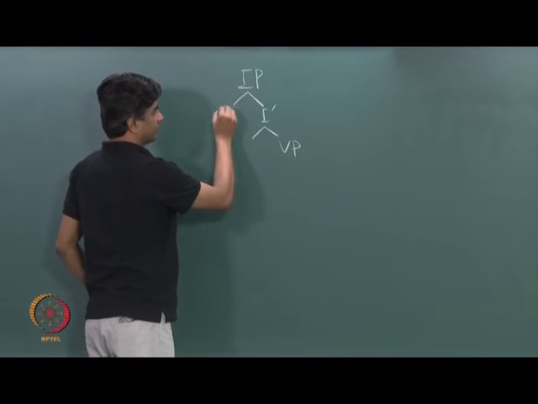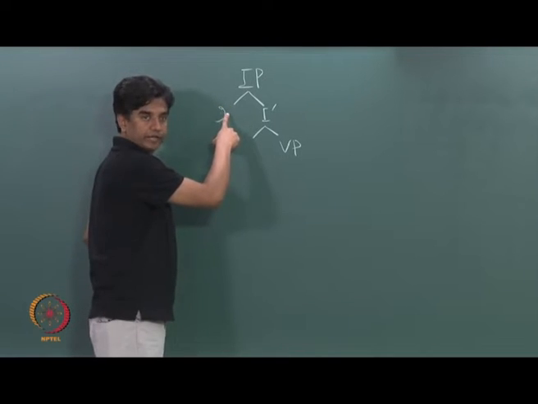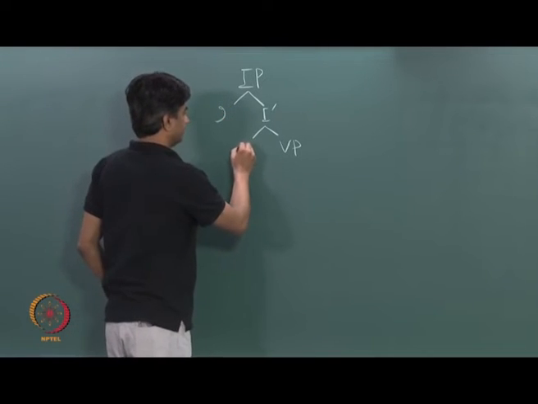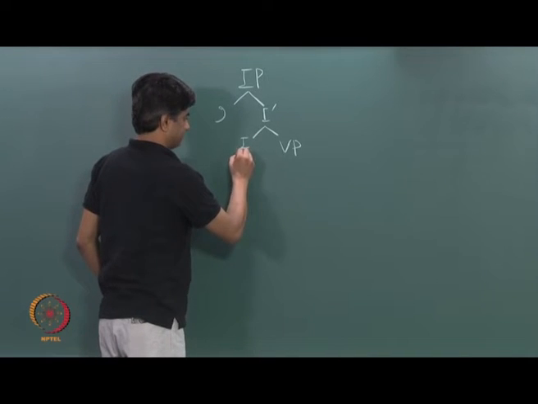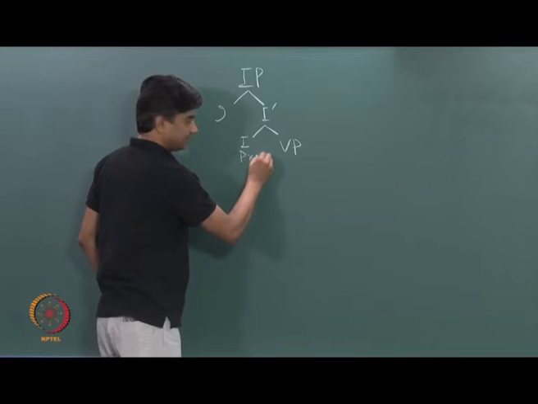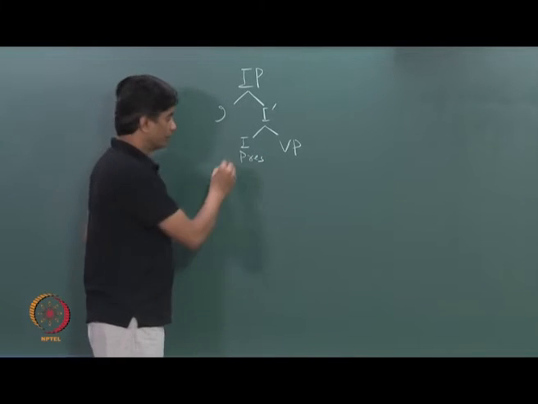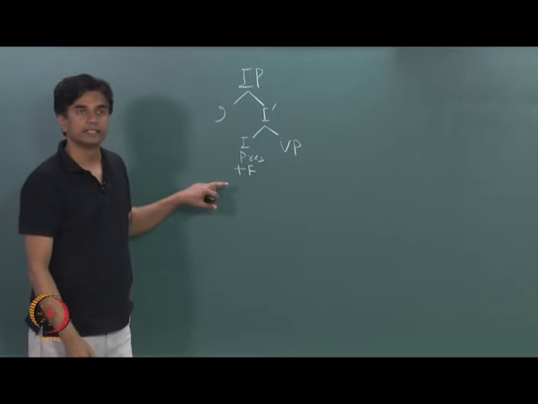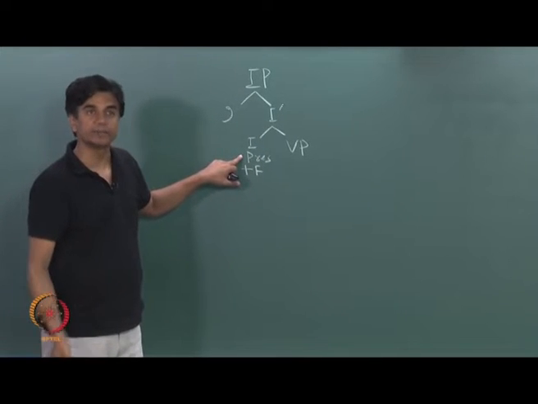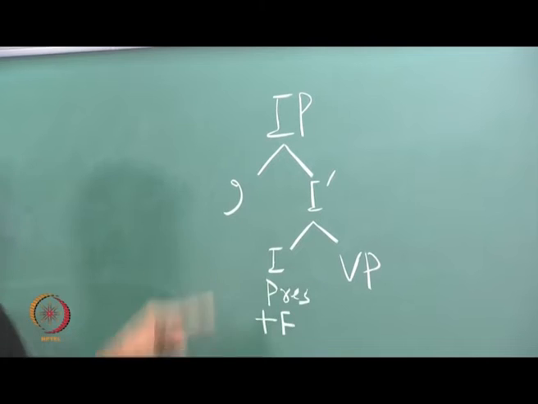So here is our NP, I. Here is I, which is present tense, which means plus finite. That is, the presence of the present tense makes the sentence a finite sentence.